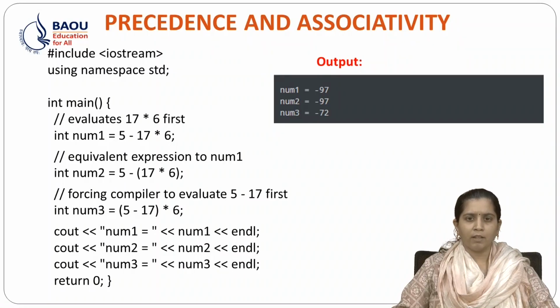I am getting the output as num1 is equal to minus 97, num2 is equal to minus 97, because both the expressions work similarly, but in num3 I am forcing my compiler to evaluate 5 minus 17 first.